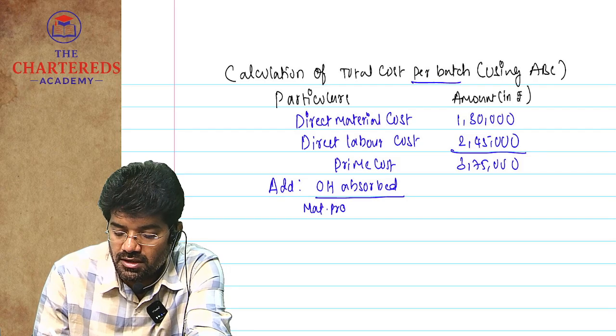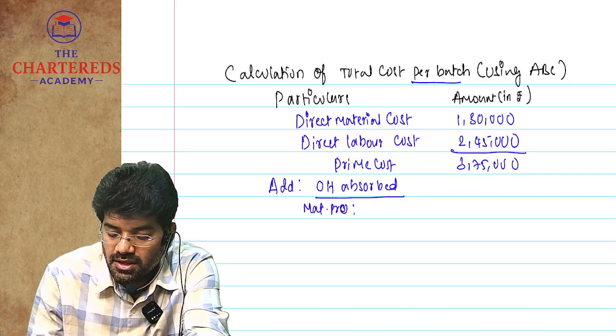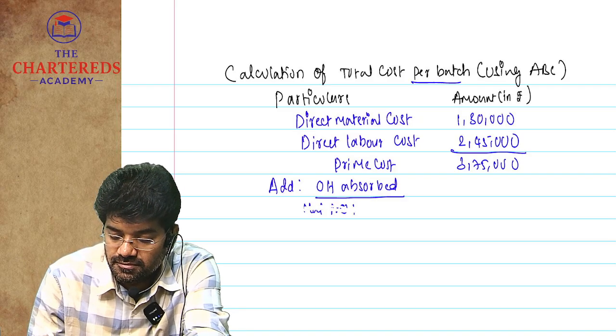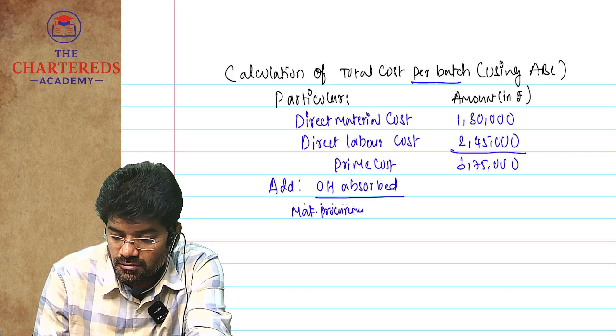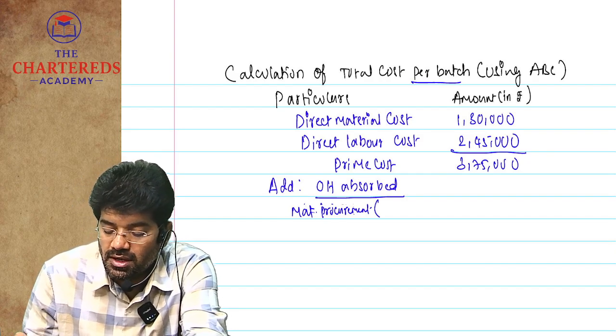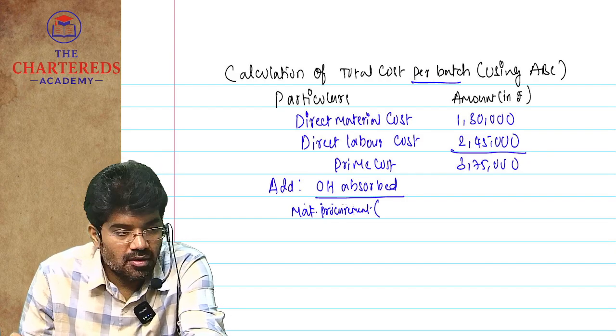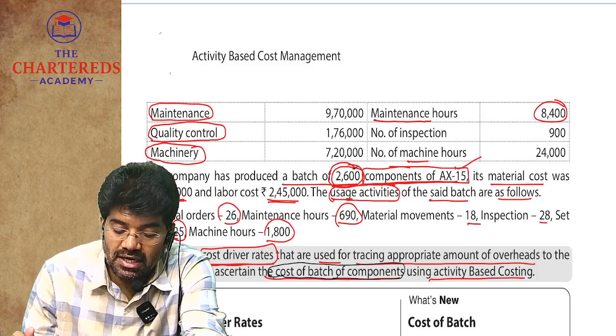Material procurement. How many material orders are applicable for this batch? 26.